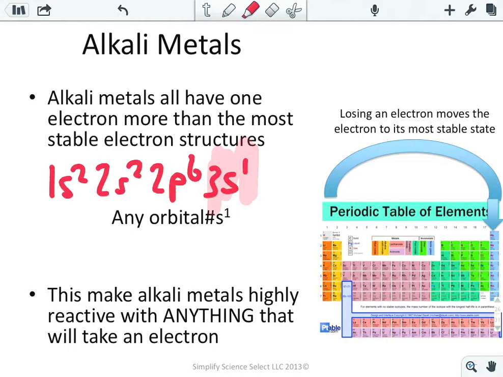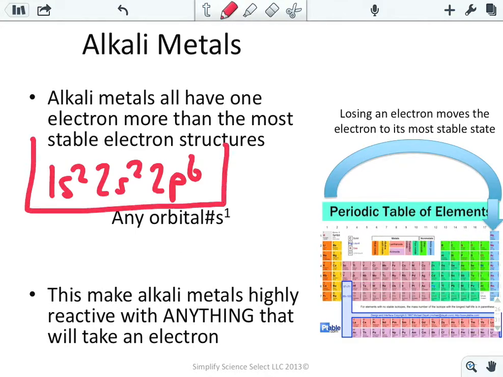So what's easier for an alkali metal? Is it easier to somehow gain 7 more electrons, or is it easier just to lose 1 electron? If they lose 1 electron, that electron configuration, 1s2, 2s2, 2p6, is the electron configuration for neon.